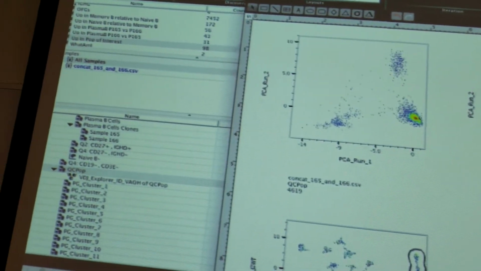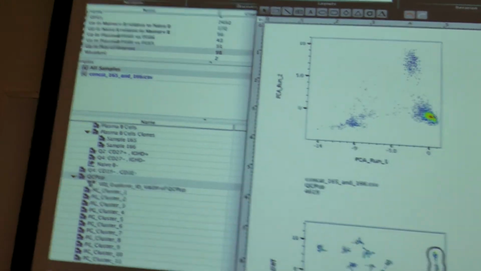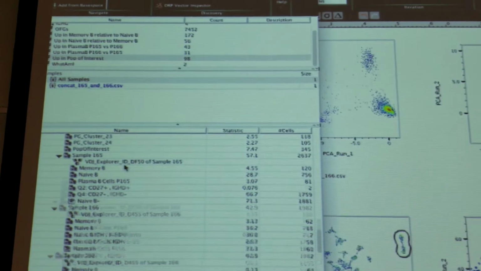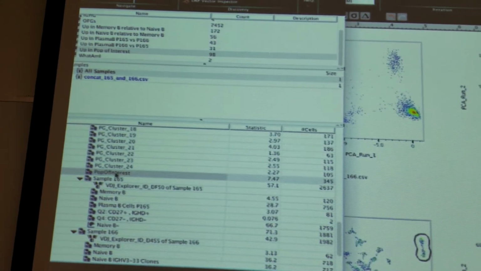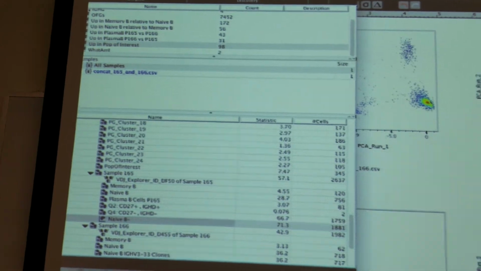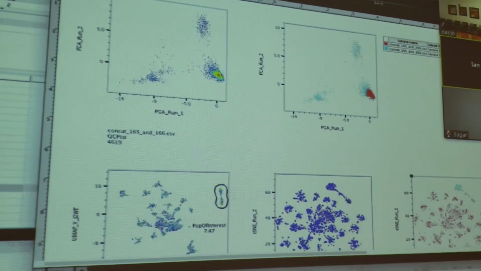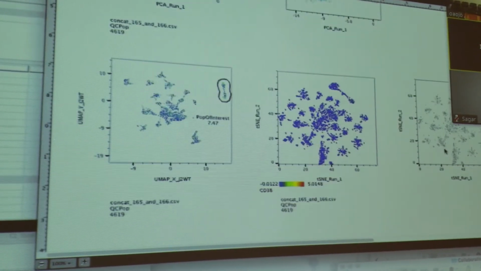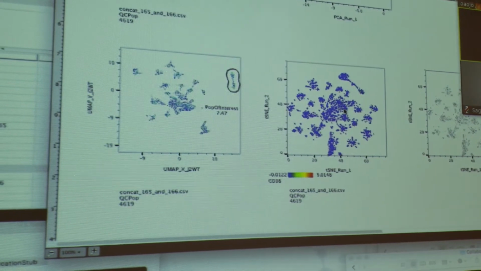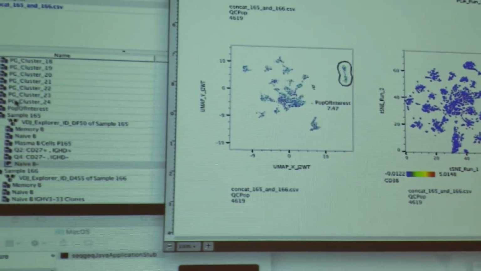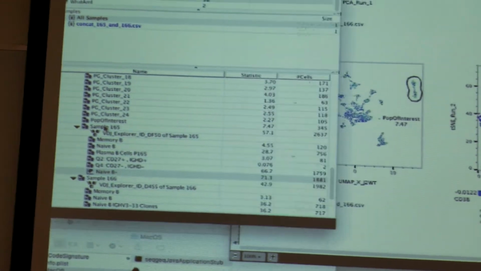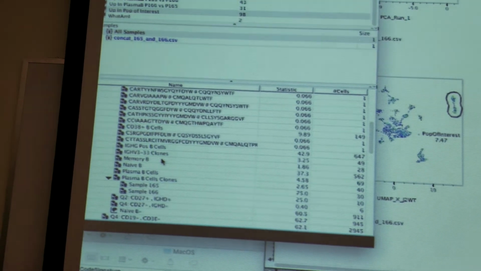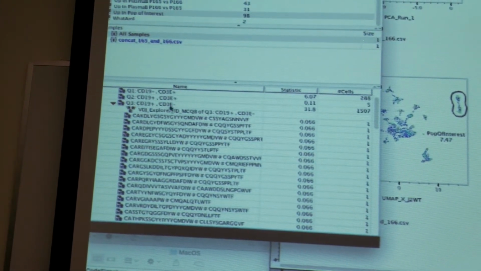If you then want to look at, say, 20 subsets of naive B cells, would those principal components still give you relevant information to further separate the naive B cells into whatever number of clusters you think there might be?